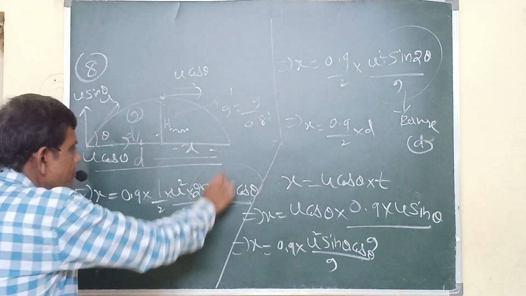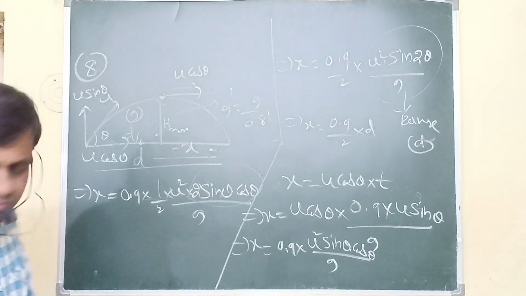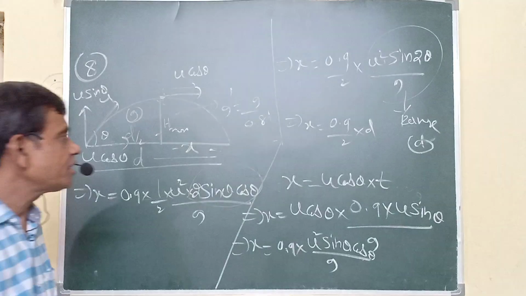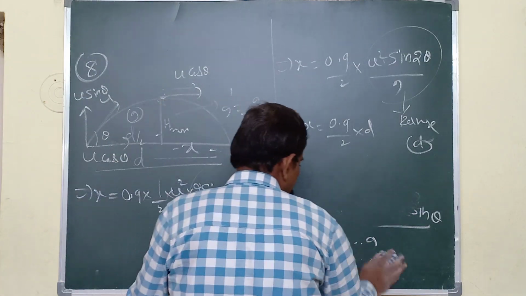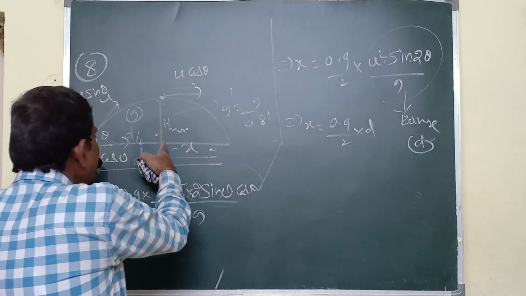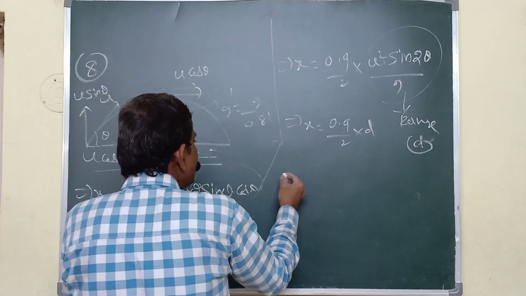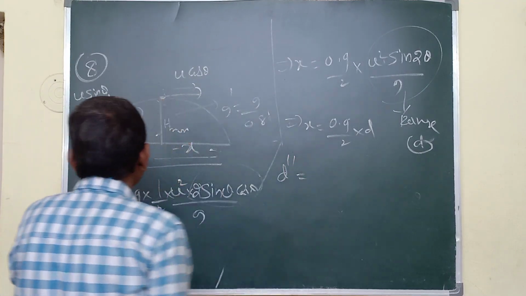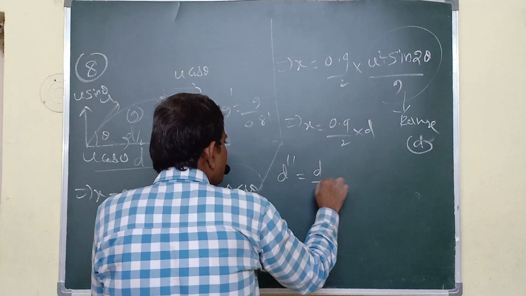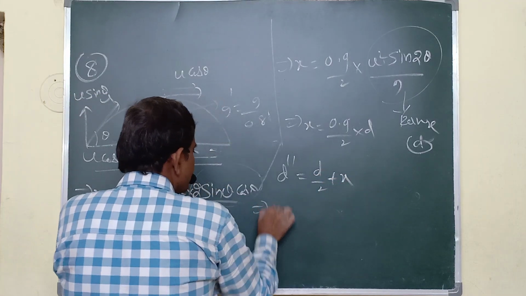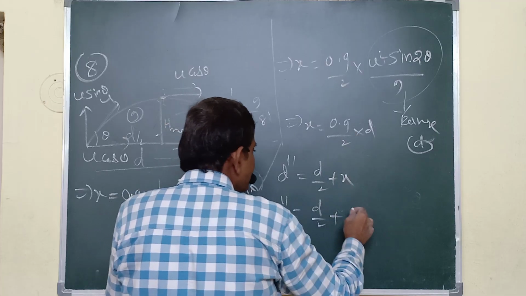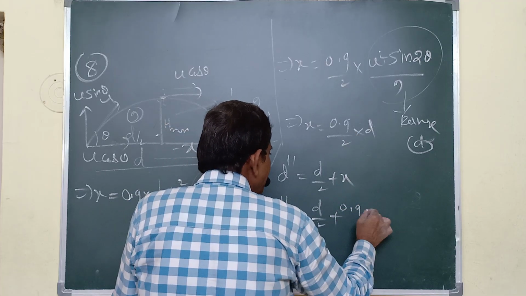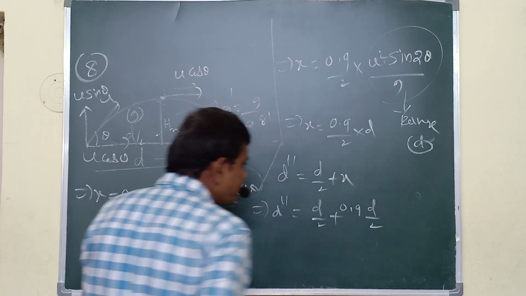Now what is the total new value? Total new range. What happens? Here we have D by 2, that we are given as D double dash. D double dash equals D by 2 plus x. So that equals D by 2 plus, what about this? 0.9 D by 2.